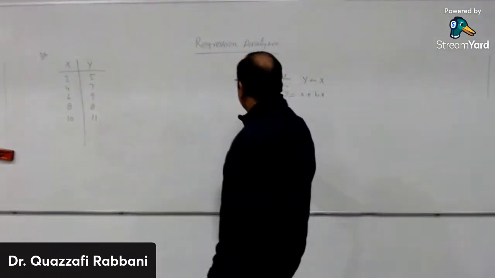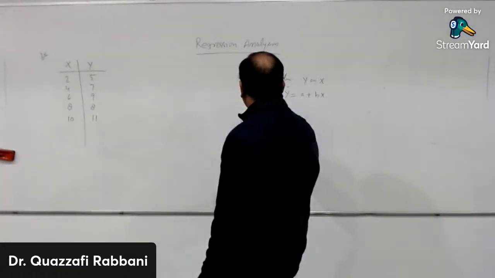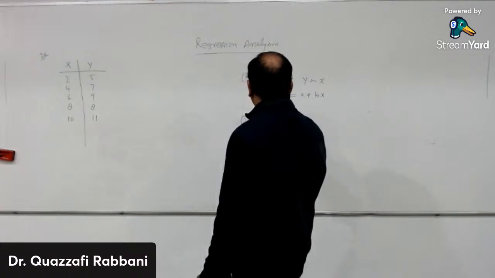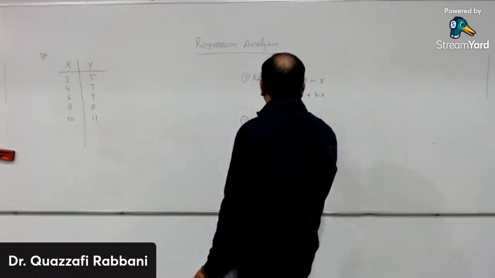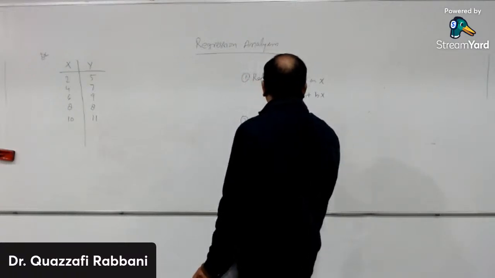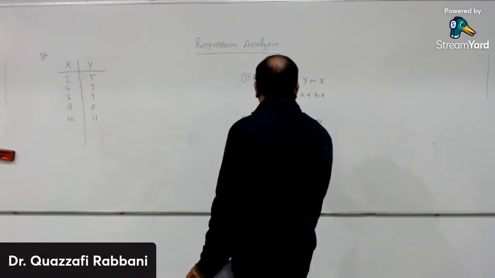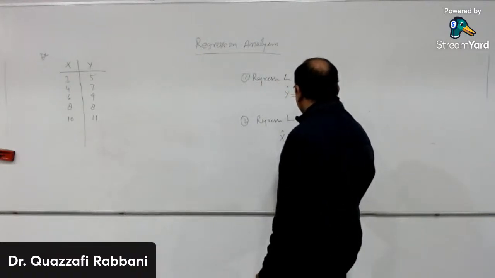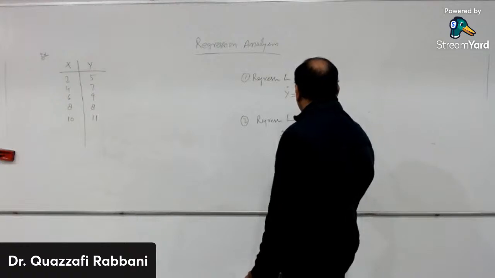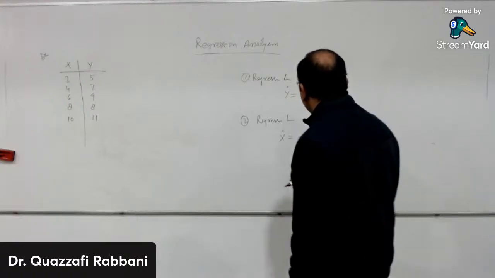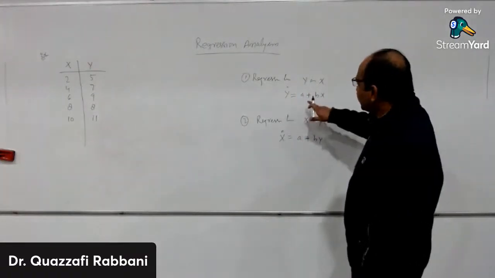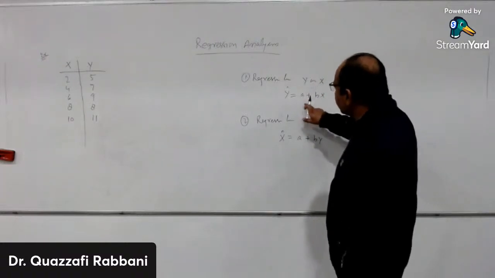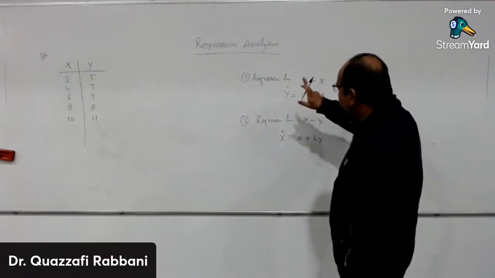And in another case, we want the regression line or regression equation x on y. For this we have to establish the relation between x and y as x is equal to a plus by.